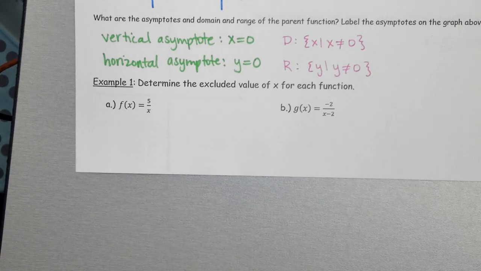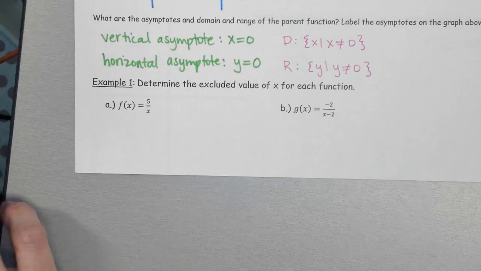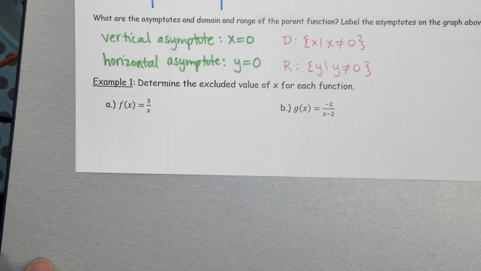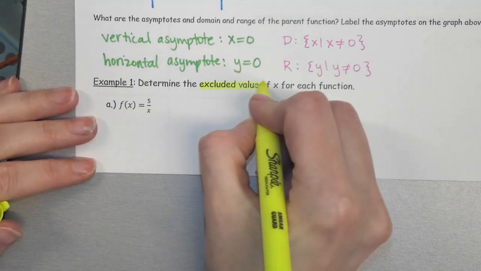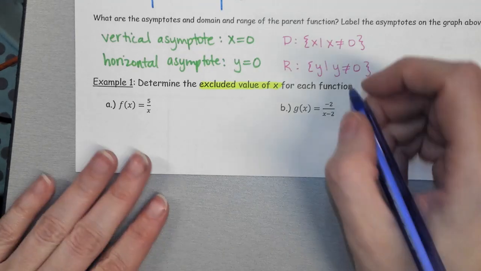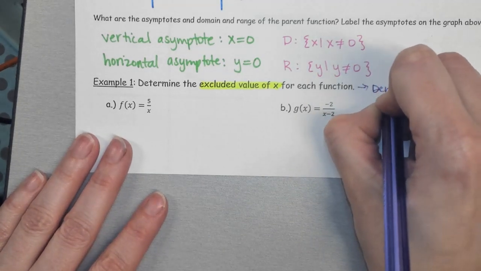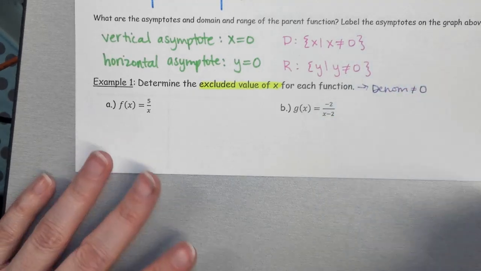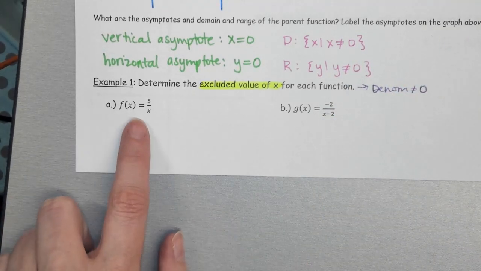All right, and then example 1 just says to find the excluded value of x. If you find the excluded value of x for each function, you just have to set the denominator equal to 0. And that is going to be your excluded value.